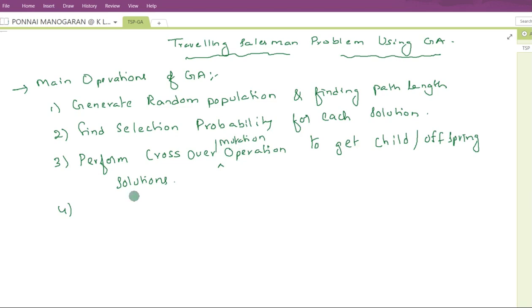Perform crossover operation, mutation operation to get child or offspring solutions, and you can compare parent and child solution for replacement in the new population.